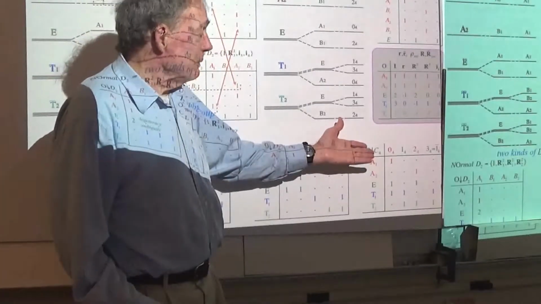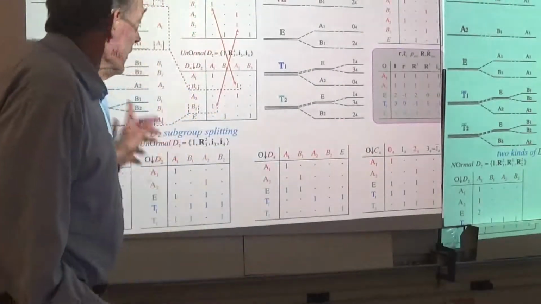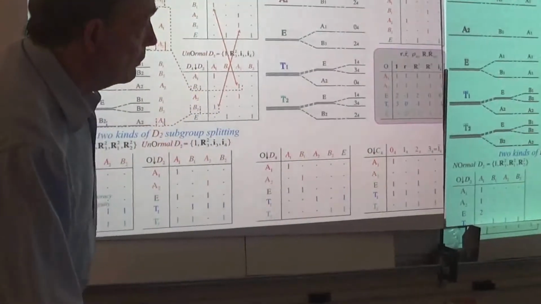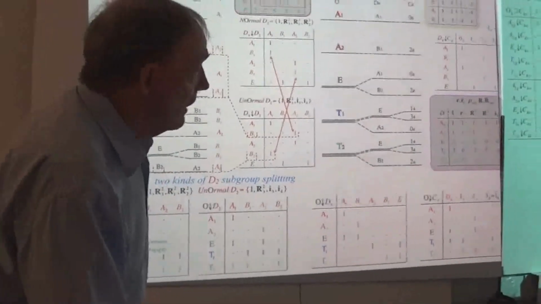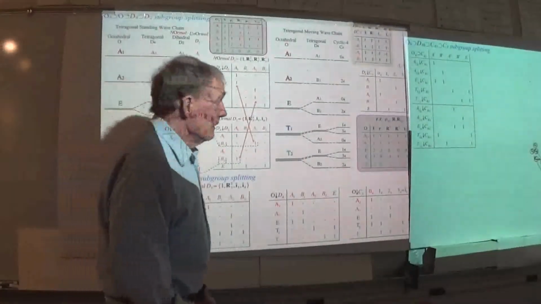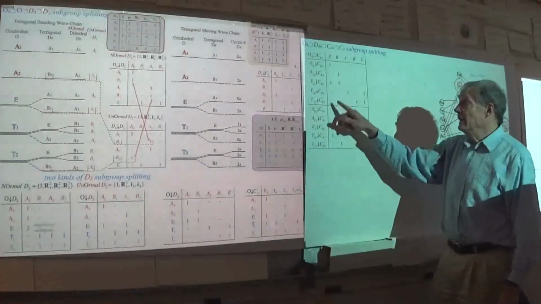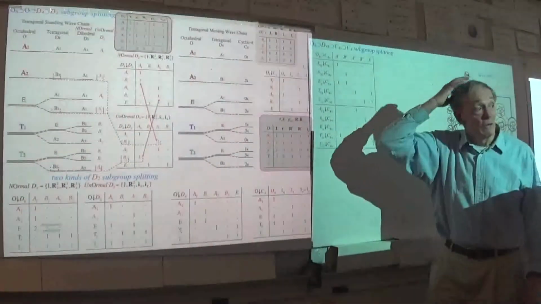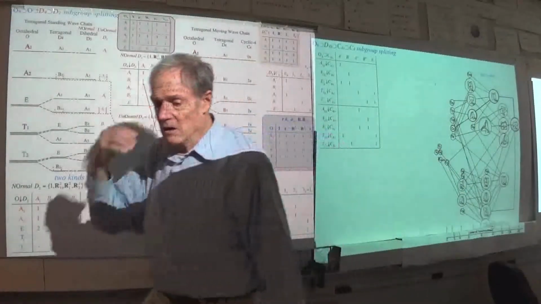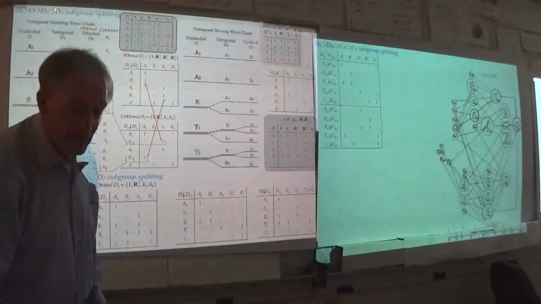It doesn't know about parity, whereas this one does know about the parity. The parity being odd for this and even for these two. So that's something we'll see come out today when we work that out.